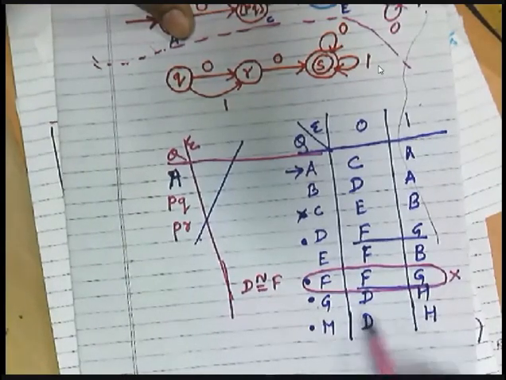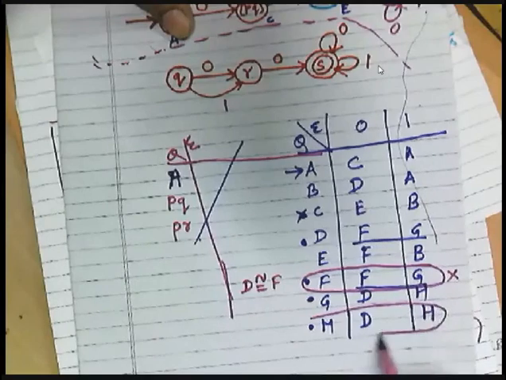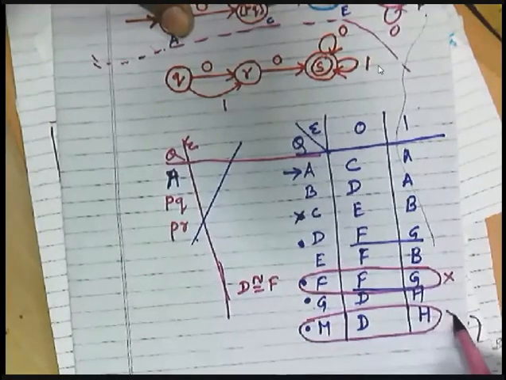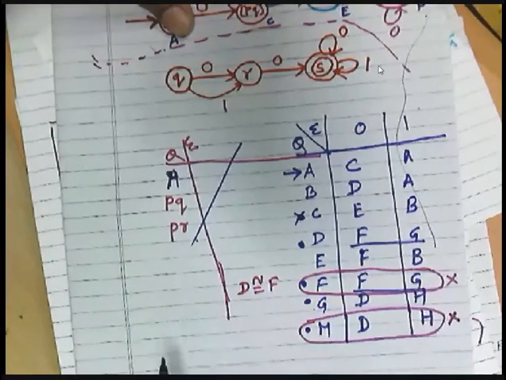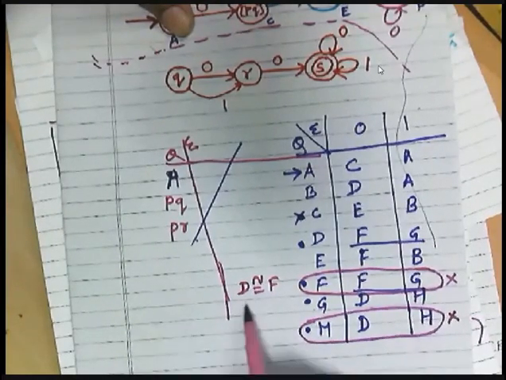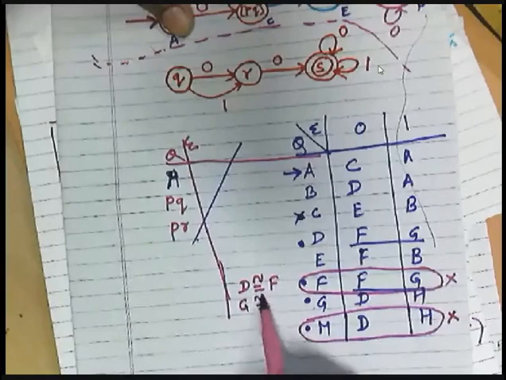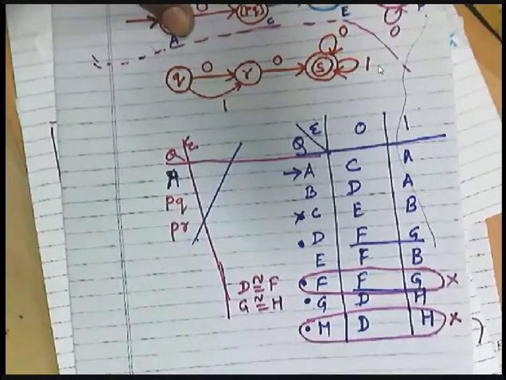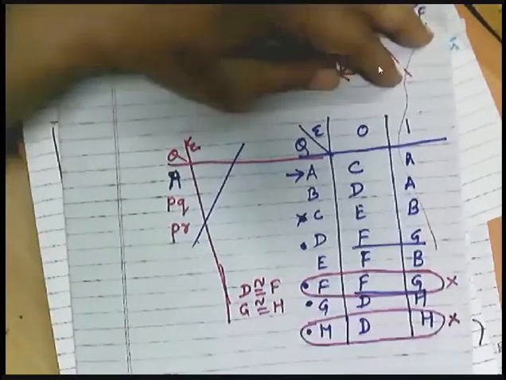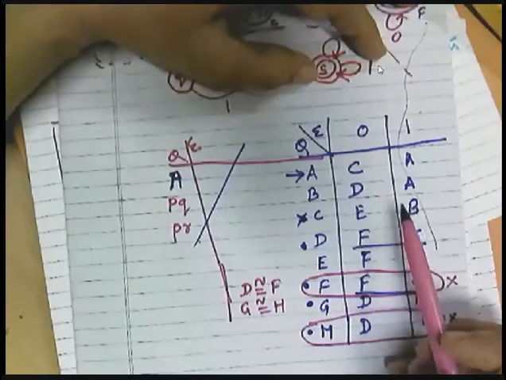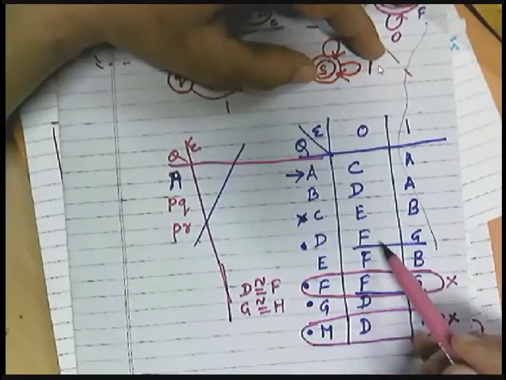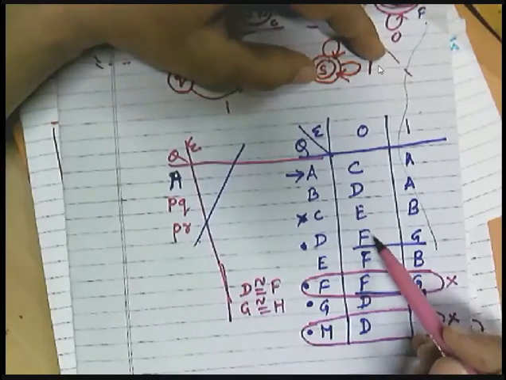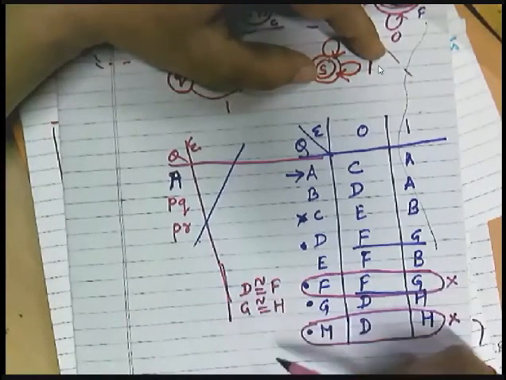So again we can discard this particular row, and we have the equivalence: G is equivalent to H. Now in this table, since we have cut down F and H, wherever we find F and H, it should be replaced by the corresponding equivalent state.